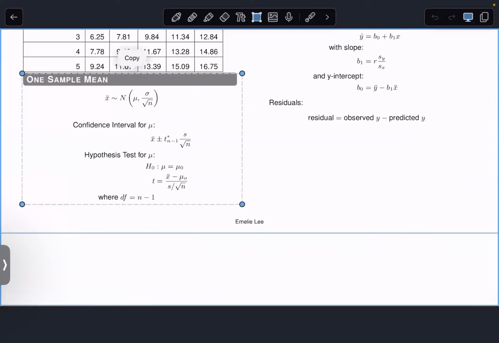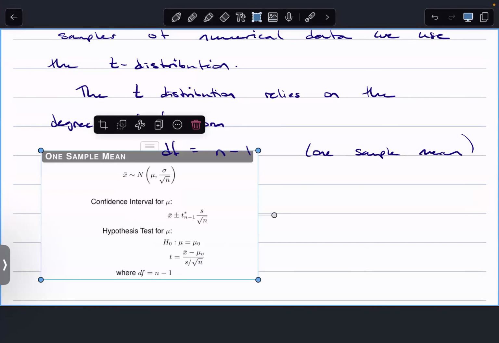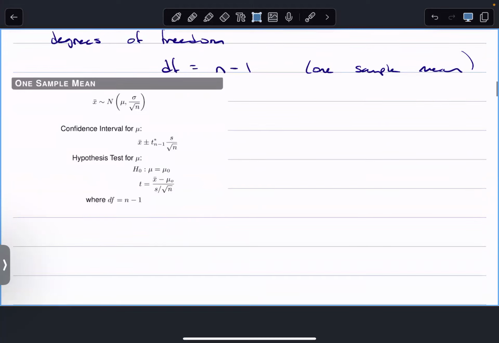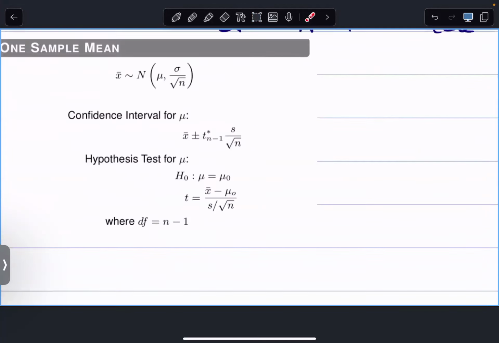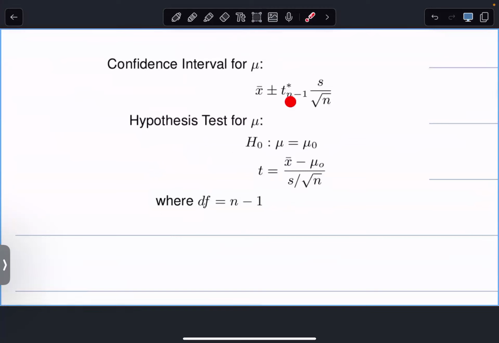One sample mean looks like, oh boy, where is it? Here. I have the degrees of freedom down here at the bottom, only because we use it not just for the critical value in the confidence interval, right? Then we need to use the same degrees of freedom as we do for the t-test, right? Which is here. And so overall, the degrees of freedom is n minus 1.